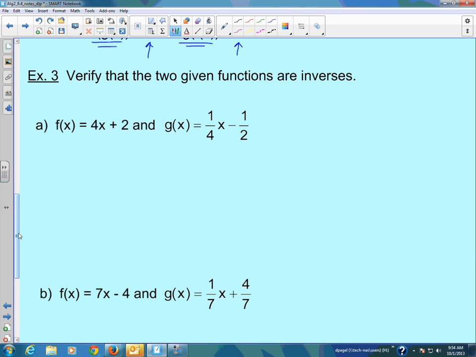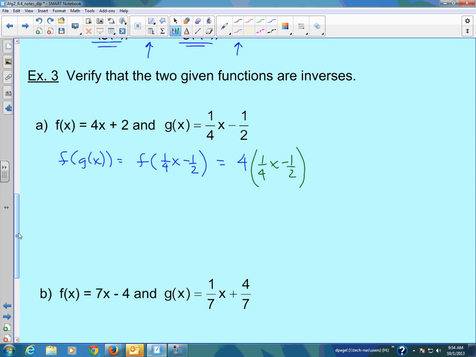But let's just see what happens when I composite f of g of x. Putting the g equation in, I would get f of 1/4 x minus a half. So we put that into our f function, and I get 4 times that 1/4 x minus a half.